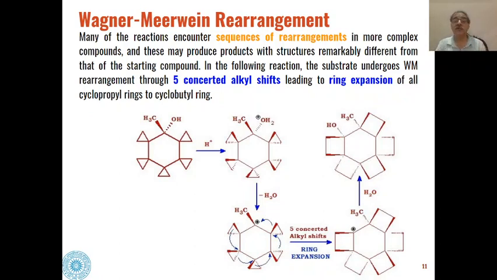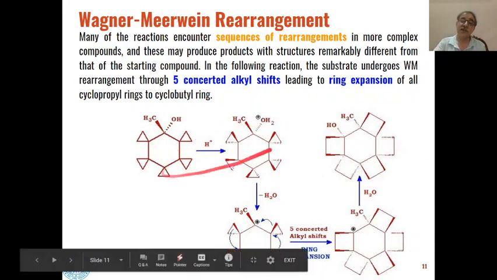All these alkyl shifts are concerted alkyl shifts, leading to ring expansion of all the cyclopropyl rings present in the molecule to cyclobutyl rings. So this is a very important example of Wagner Meerwein rearrangement.